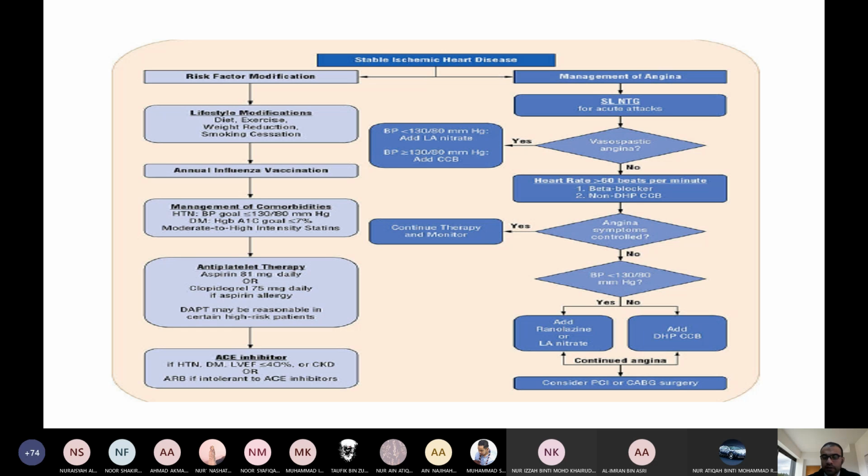The other side will be what we have discussed today, as our sister mentioned, regarding the anti-anginal or symptomatic treatment or the anti-ischemic, considering the use of nitrates, the beta blocker, the non-dihydropyridine CCB, and many other agents as required. Toward the end, it will be subjected to evaluating the need for revascularization, either PCI or CABG, as needed.